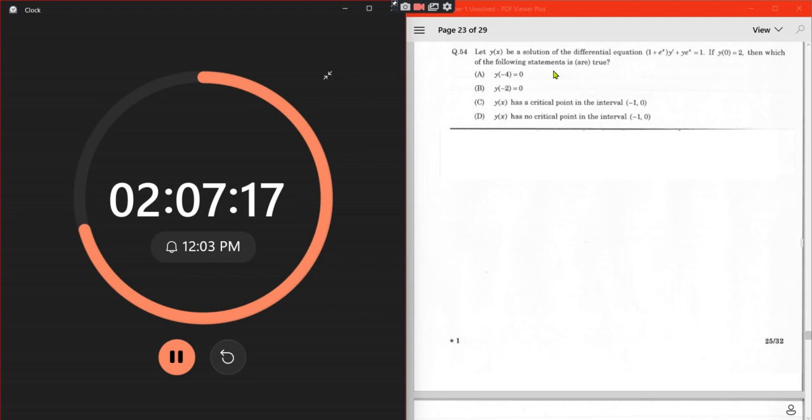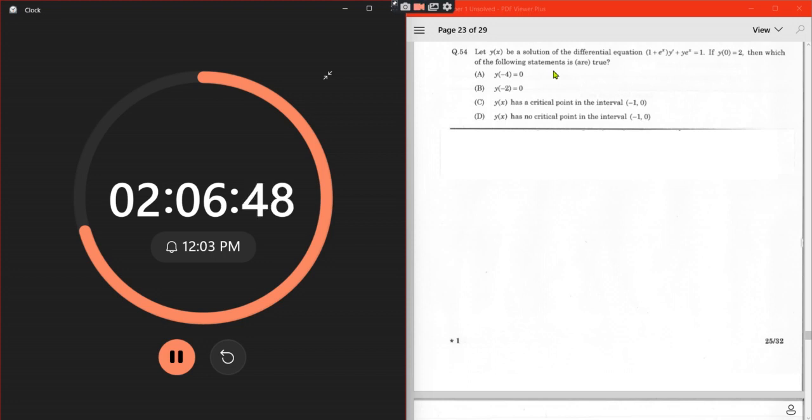So e power x times, sending this over there, just x plus 3 is equal to 1. So critical point negative 1 to 0. At negative 1, that doesn't make any sense. Yeah, at negative 1 it's not even 0 in the first place. So it does not have a critical point in the, oh, in the interval you're saying, okay, okay, understood.